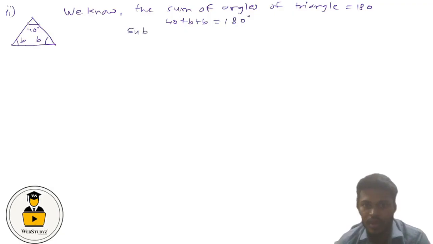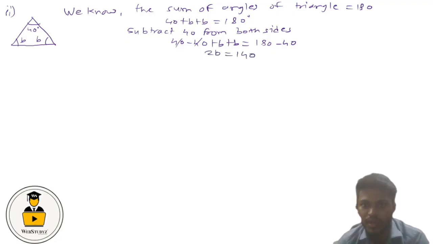Let us subtract 40 from both sides. So we will get 40 minus 40 plus 2B equals 180 minus 40. So this will get cancelled and 180 minus 40 will be 140. And B plus B gives us 2B equals 140.